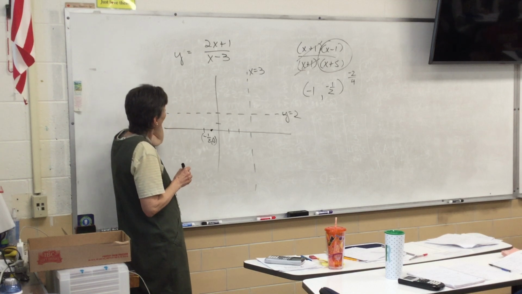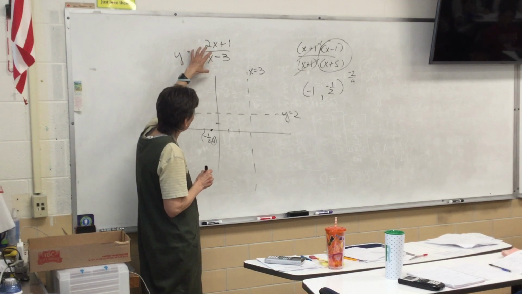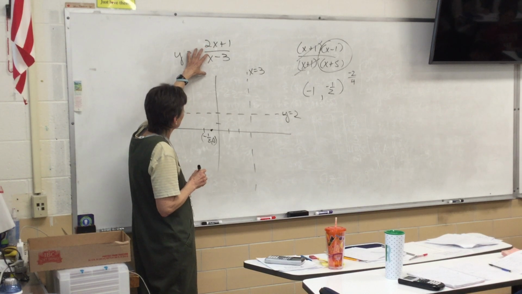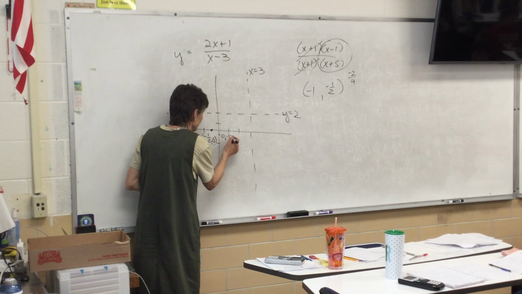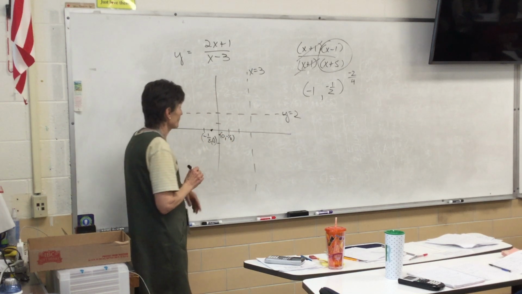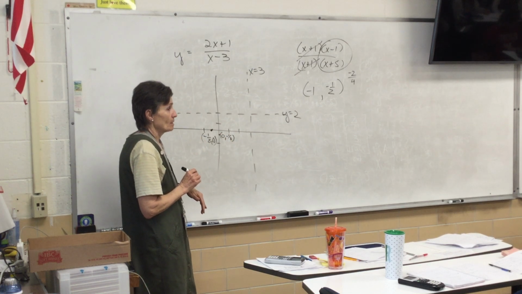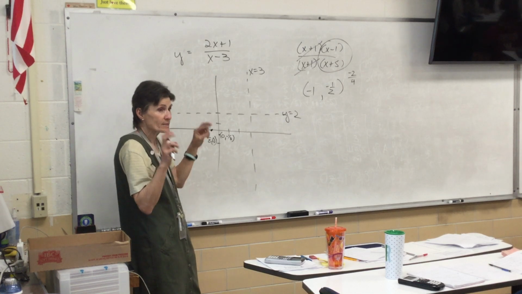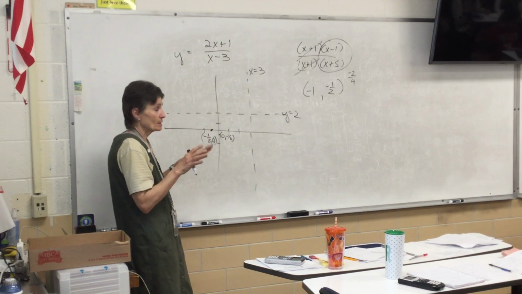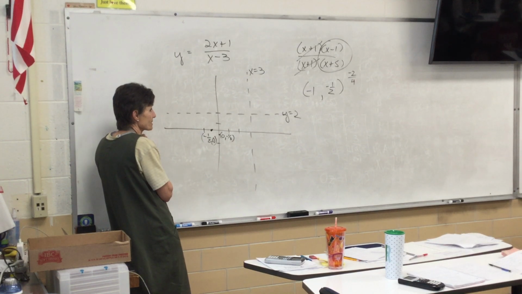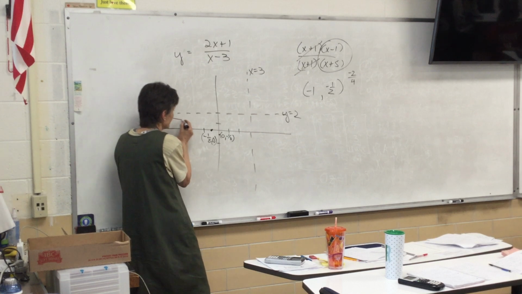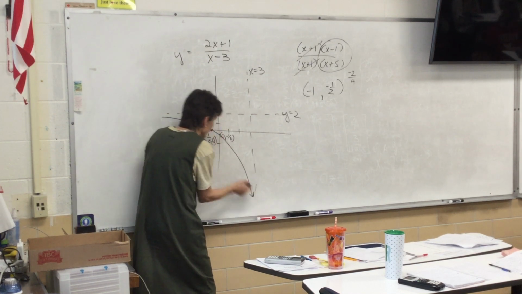And then to get my y-intercept, I'll stick 0 in. So that's going to be at negative 1/3. So all of the important stuff is there. So now you just hopefully have enough that you can connect the dots. And I think you do, Gary, you've done enough of these that you can just see it right here.